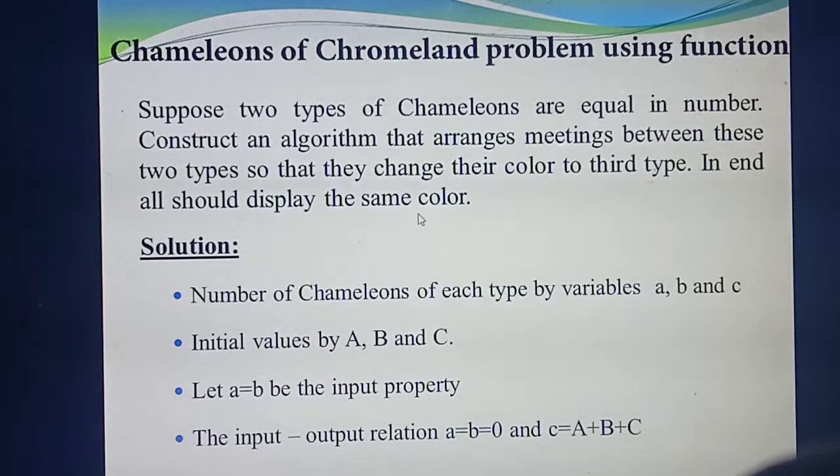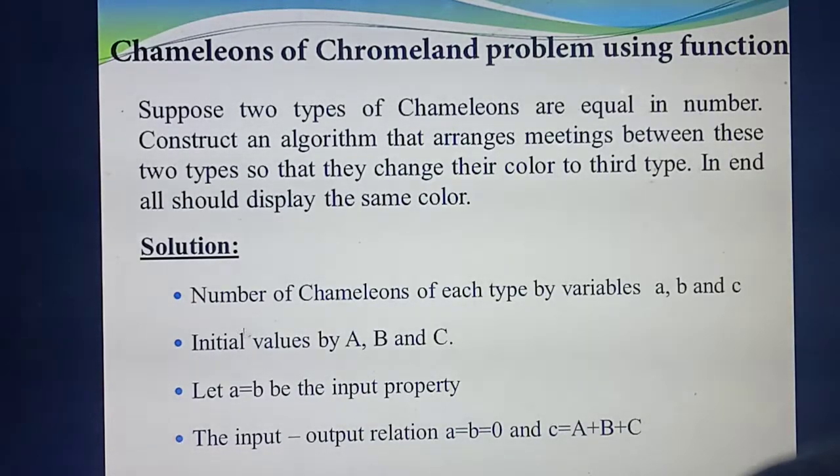If they are equal in number, they arrange the meeting between them, and they change their color to the third type. For example, red and blue will change to green. So your problem is saying that at last each and every Chamberlain needs to be displayed in the same color, maybe green, red or blue. Understood?